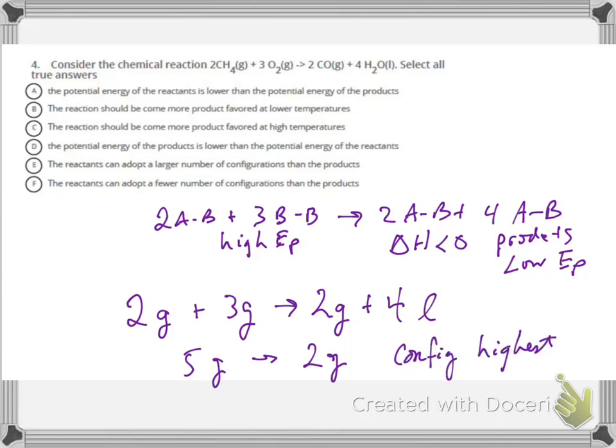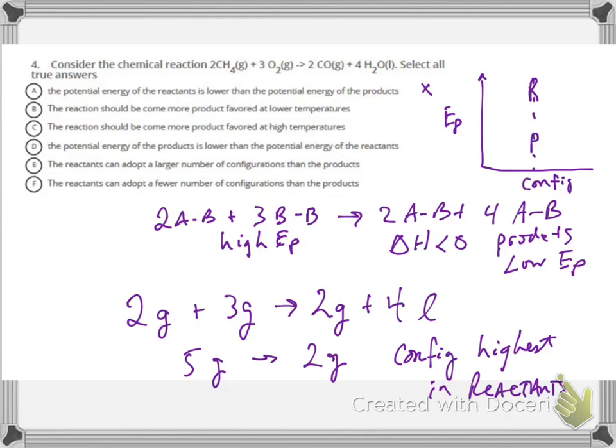We see that the configurations are highest in the reactants and they go down with the products. To answer the temperature dependence, we make a PEC diagram where we show exothermic behavior first. I put the R and the P first just to assign the correct potential energy ordering. And then since P has fewer configurations, I'm going to shift it to the left.